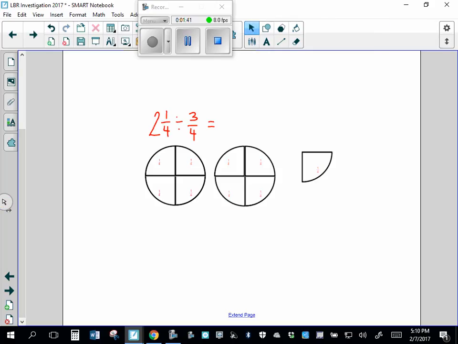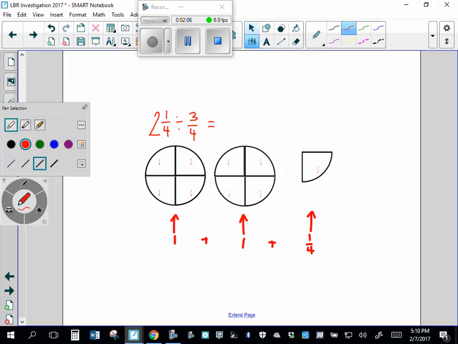So what you see here is that I have two wholes. So this is a whole, and that is a whole, and that is a fourth. So together, that makes 2 1/4, which is where this comes from. And we want to see how many 3/4 are in 2 1/4.